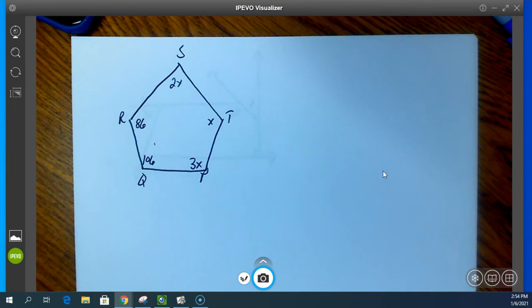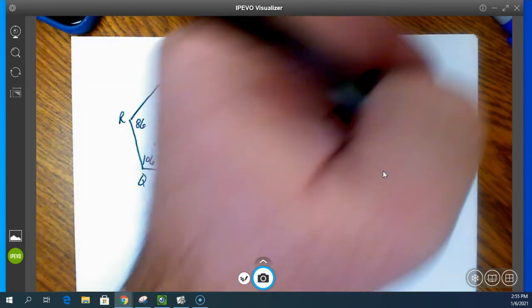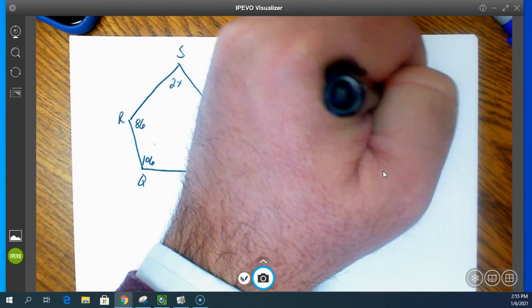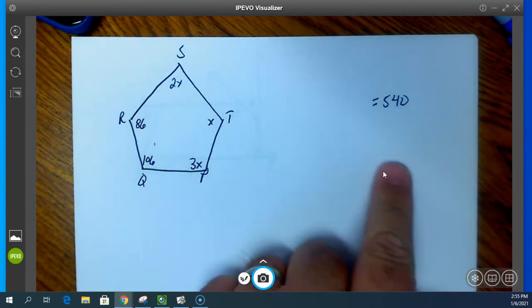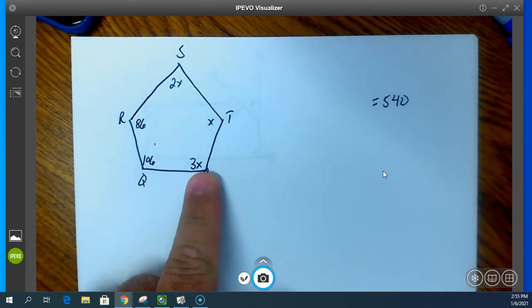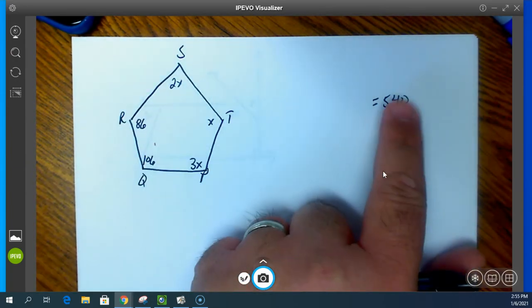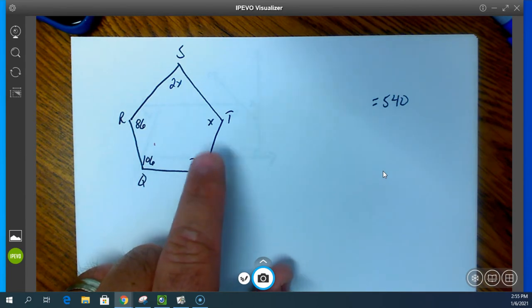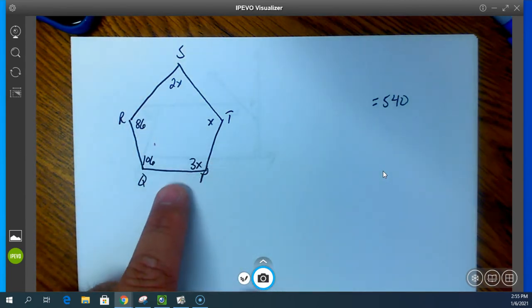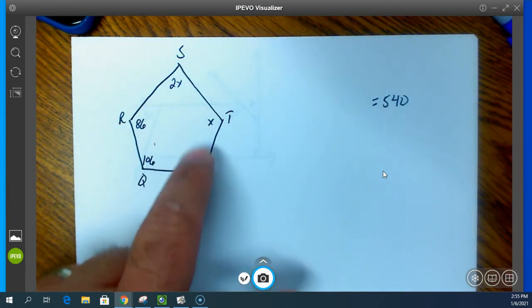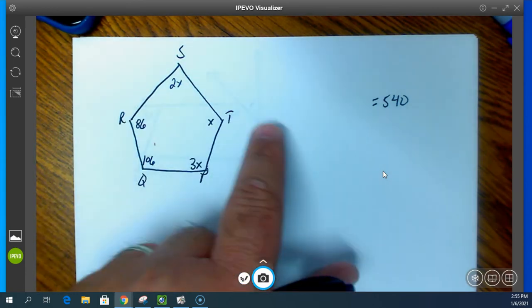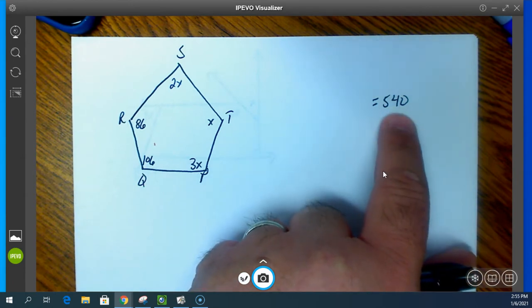Okay. So the sum of the interior angles equals 540 degrees because this is a pentagon. Now, if this was an octagon and had 8 sides, this number would change if we're dealing with interior angles. It's all based on how many sides there are. Step 2 says we're going to add all the angles together and set them equal to this number.